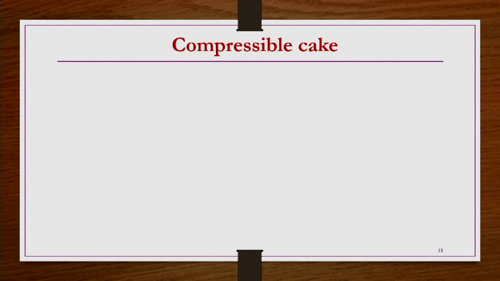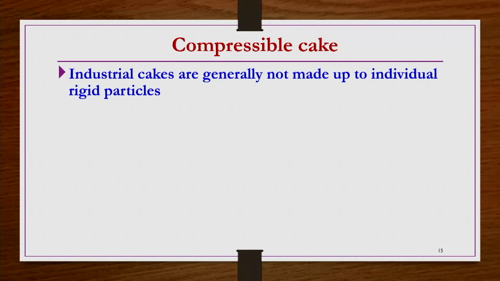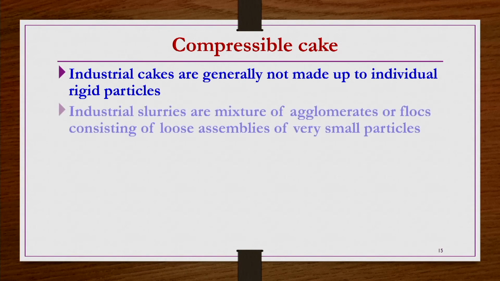Now, we take the case of compressible cakes. In general, the cake resistance is a function of delta P, because as filtration time increases, the cake thickness increases, and then the pressure drop increases. So, industrial cakes are generally not made up of individual rigid particles, as we have taken in the previous case, where we assumed all particles are of the same size, as in packed or fixed bed cases.